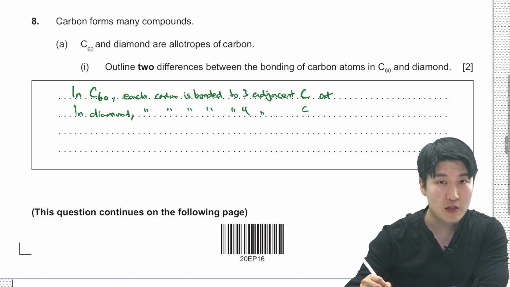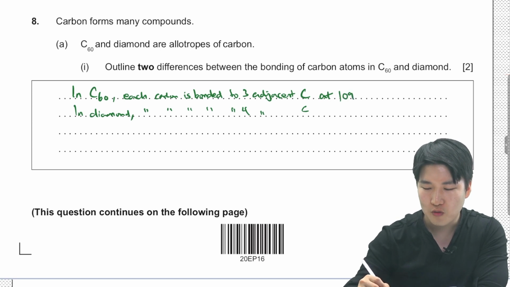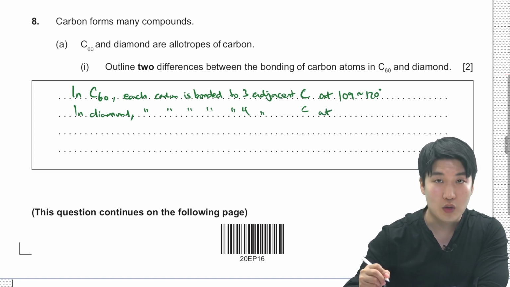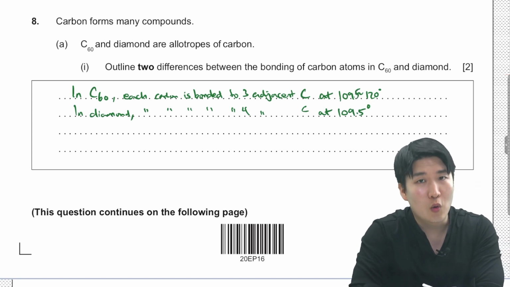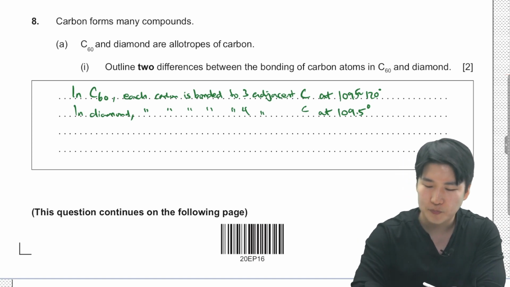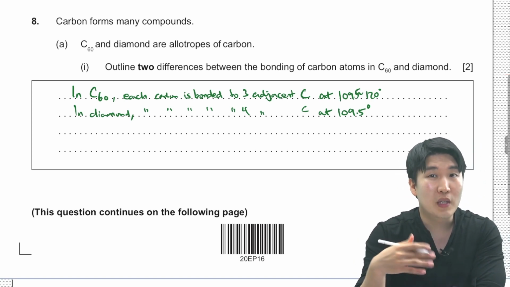So the bond angle is going to be less than 120, but between 109 and 120 degrees. But for diamond, specifically, exactly 109.5 degrees. For C60, the bond angle is between 109.5 and 120. For H2 level, we can go beyond.